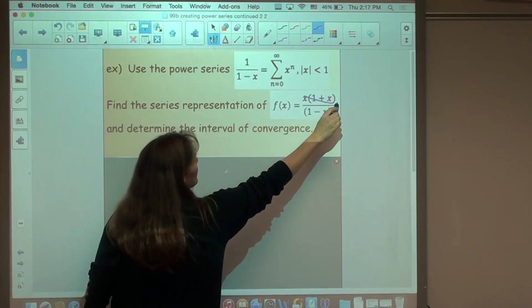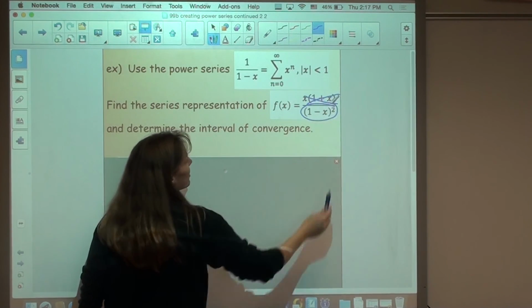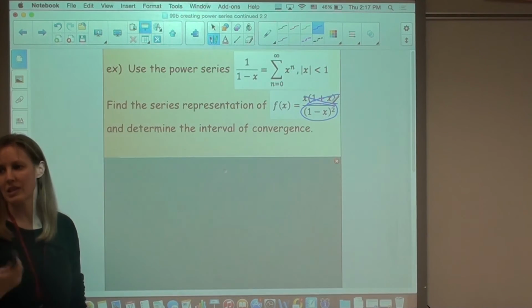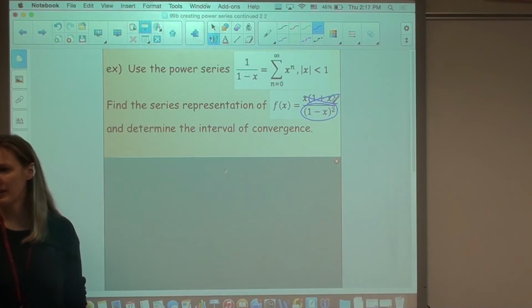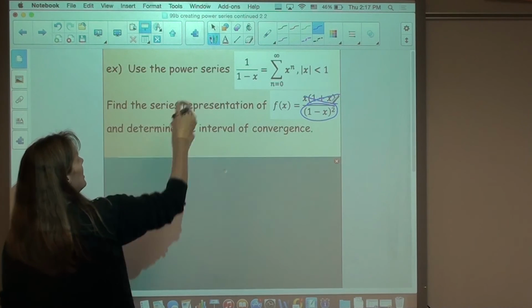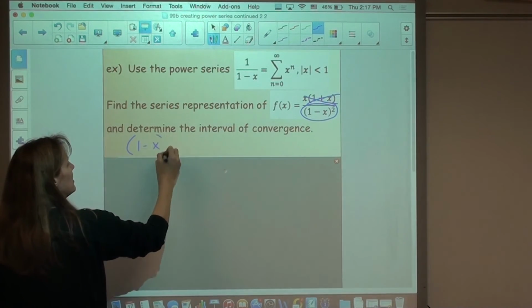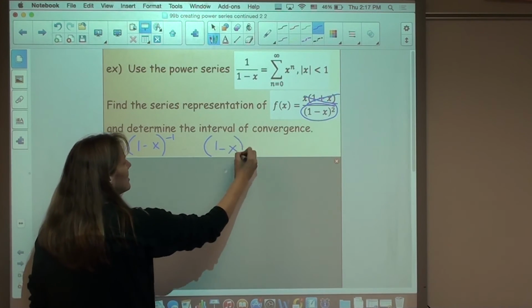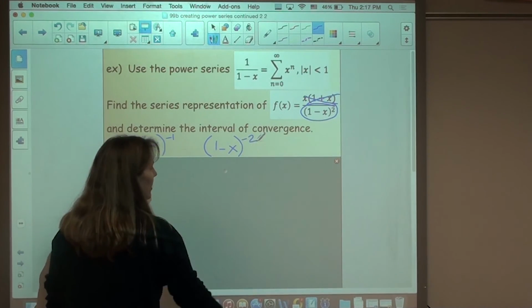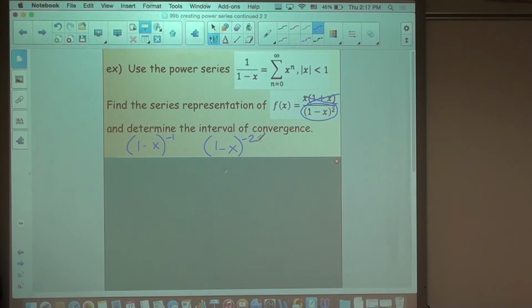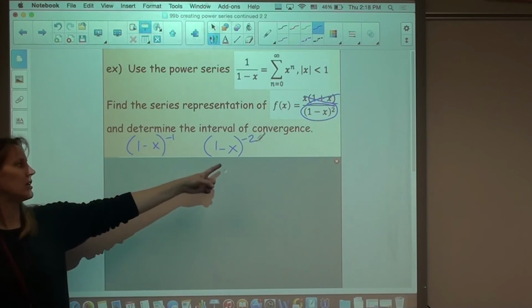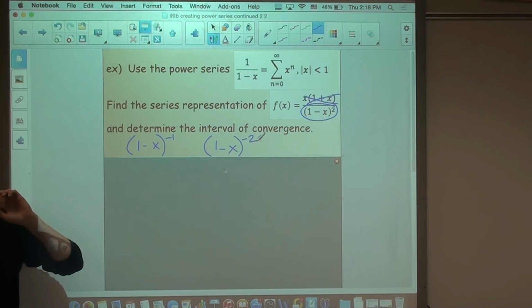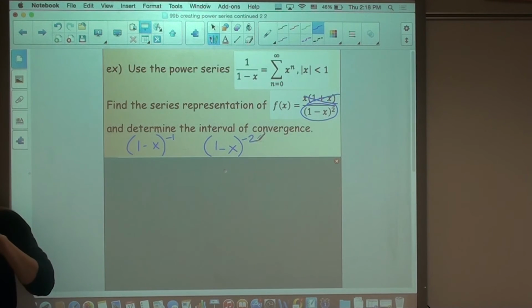I'm going to ignore the top for the beginning and just focus on that guy, and then we'll build the top after we've got the bottom, all right? So this guy up here is 1 minus x to the negative first. This guy is 1 minus x to the negative second. Now, we need to think of how to get from here to here or here to here using only multiplication, division, differentiation, or integration. One of those 4 things.